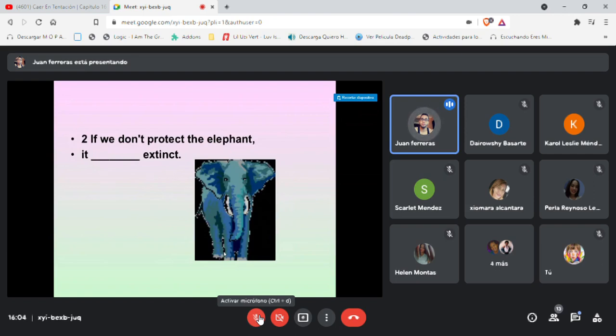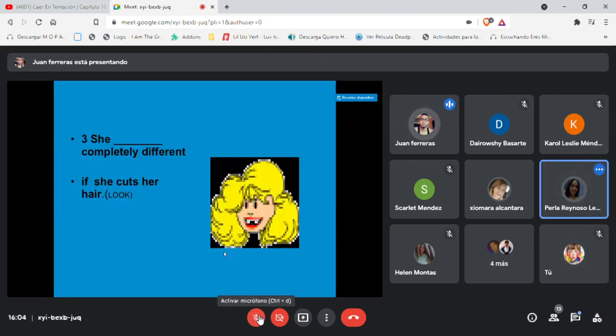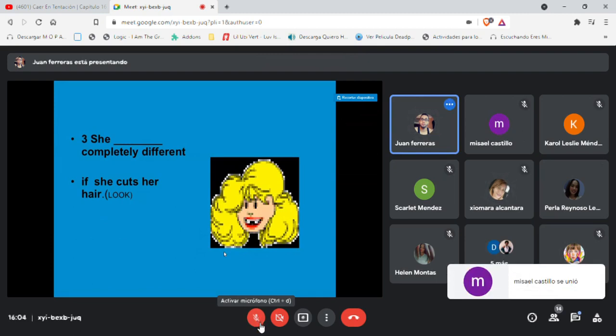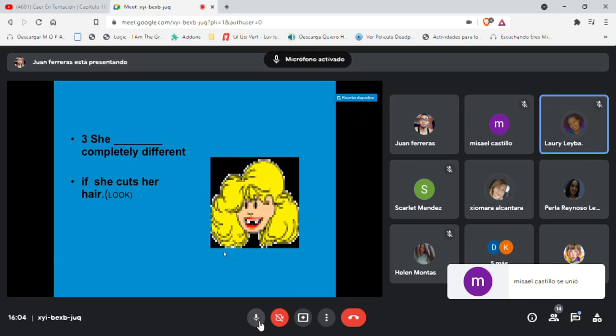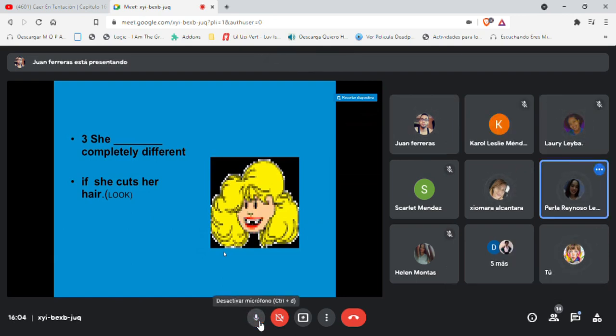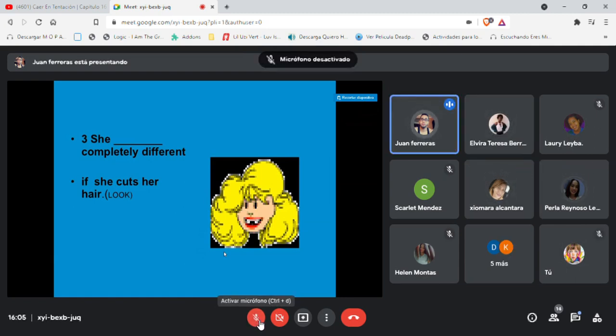If we don't protect the elephant, it will, oh my God. Sorry, guys, sorry. That always happens. She will look different completely, exactly, she will.